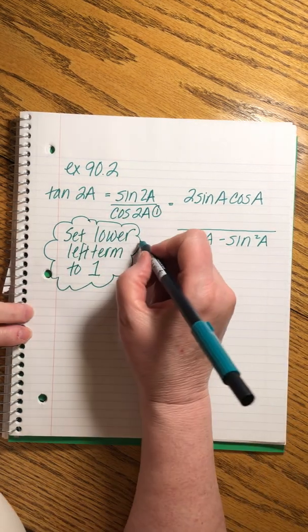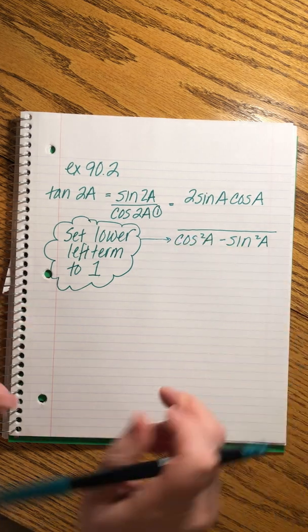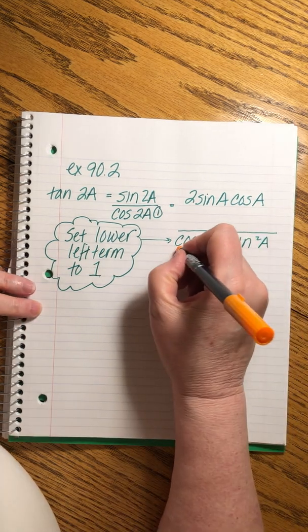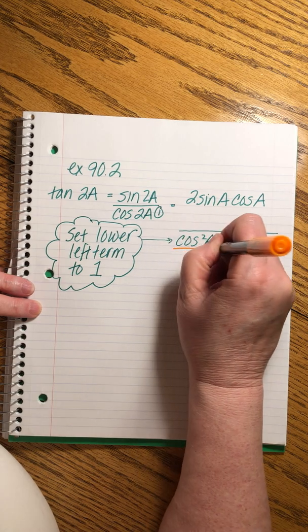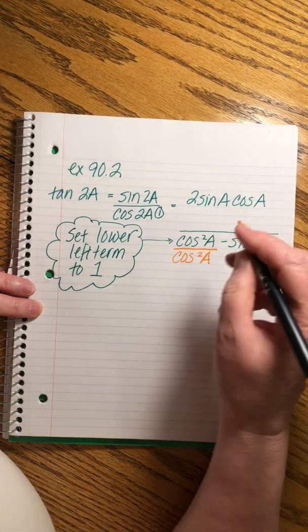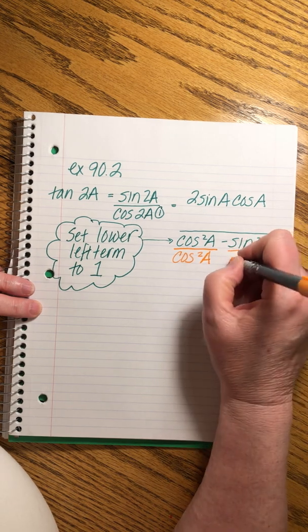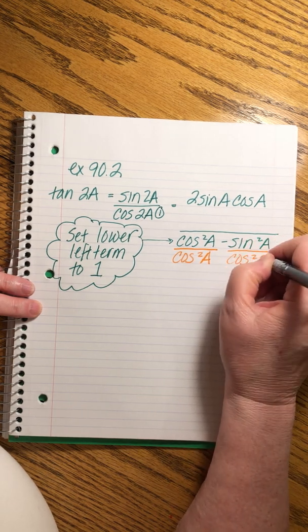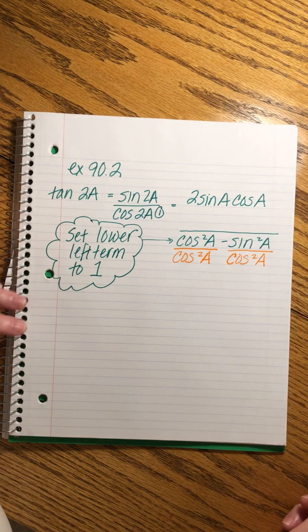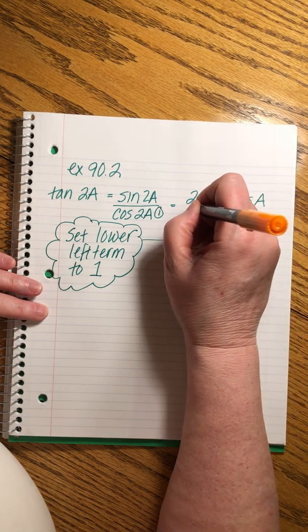Okay, so the lower left term is cosine squared A. So what we're going to do is divide everybody in the club by cosine squared A. That's here. And then it's here.